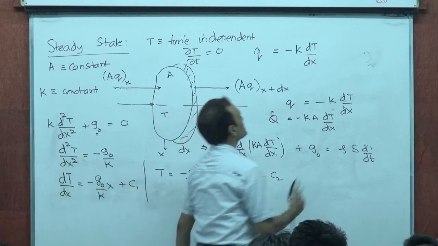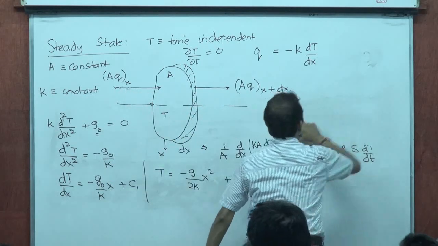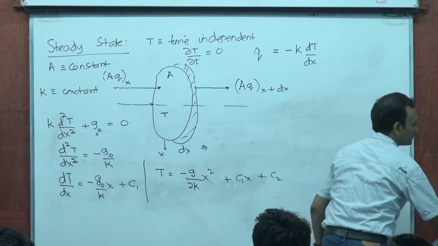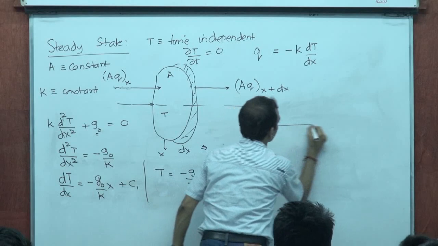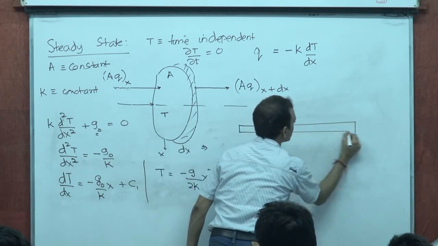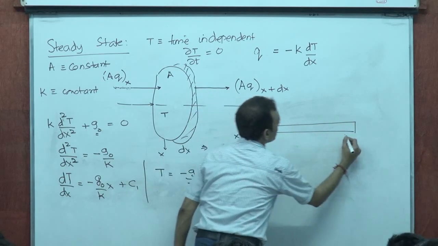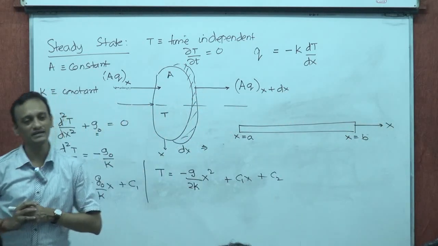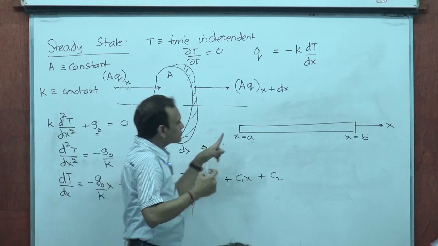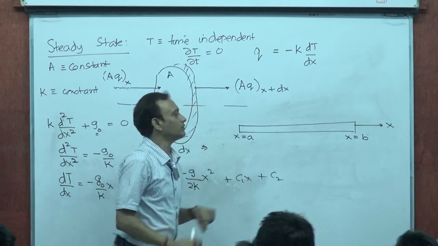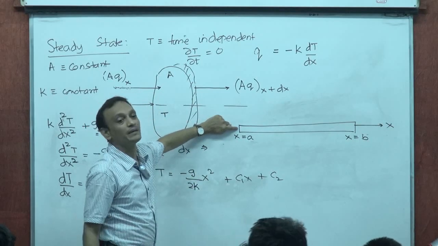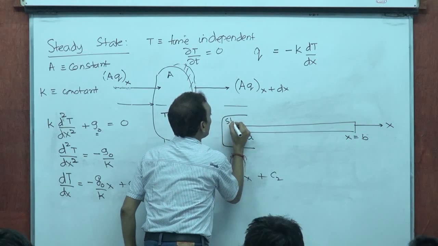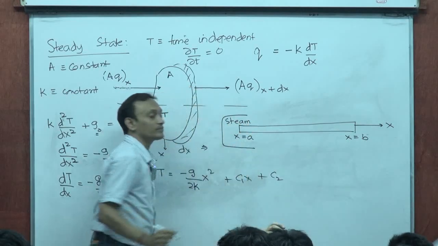Let's say they would tell you, for example, if the heat flow is taking place from x equal to a to x equal to b, then they might tell you that this could have been, for example, placed in a steam chamber.